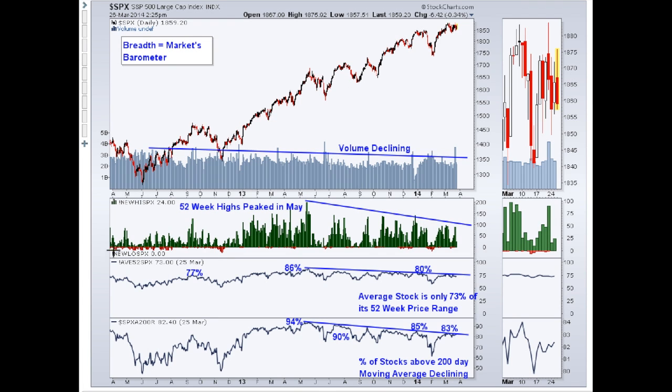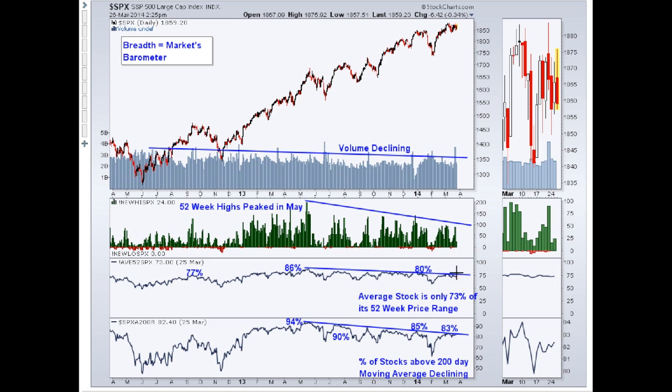This is supported by the next section I have, which is the average stock's percentage of its 52-week price range. That's a mouthful, but looking at the chart makes it a little easier to understand. Back here in May, this ratio peaked at 86%. This means that the average S&P 500 stock was trading at 86% of its 0 to 100% 52-week price range.